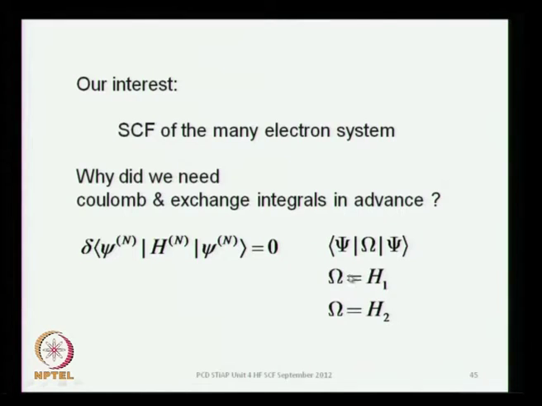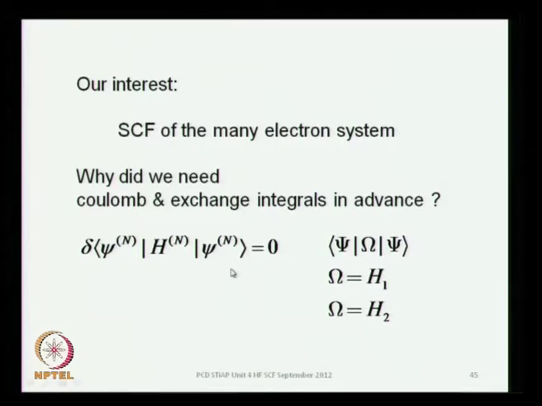We will do that, but for the time being we know that we are looking for an extremum in the expectation value of the n electron Hamiltonian in the n electron wave function, and this Hamiltonian is made up of either the single particle operators or the 2 particle operators, and this 2 particle operator is the Coulomb interaction, the 1 over r_ij, right, and we therefore will need the Coulomb and the exchange integrals in the analysis of this expression. So, it is for this reason that I set up the machinery to handle the Coulomb and the exchange integrals at the outset.